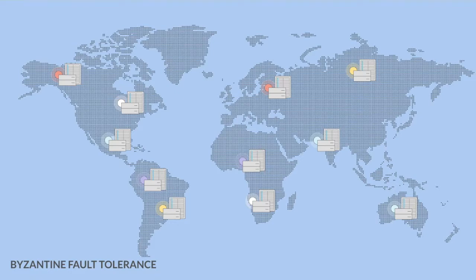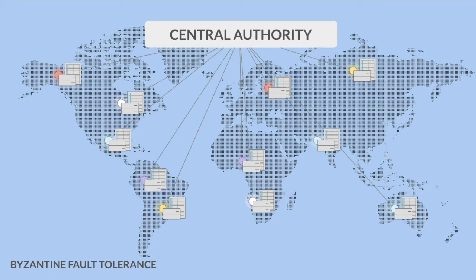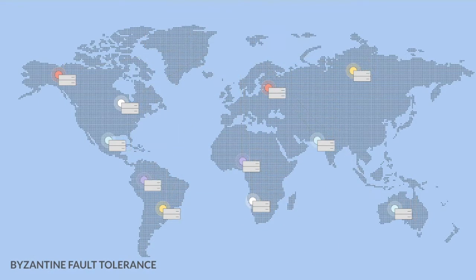In BFT, validators send messages back and forth and use a voting process where a new ledger is confirmed if over 66% of the validators agree on that ledger. It is significantly faster and cheaper than proof of work, but sacrifices decentralization to achieve those features.